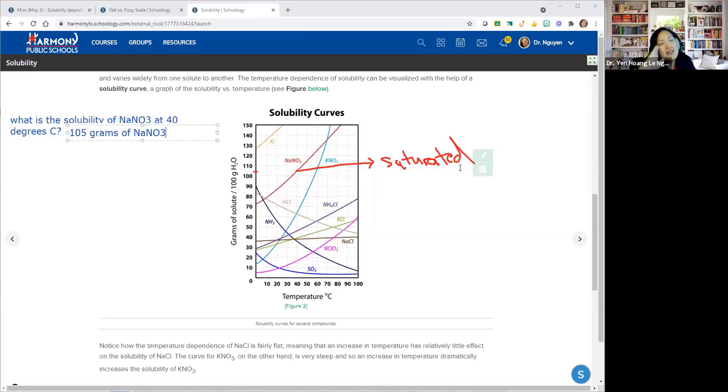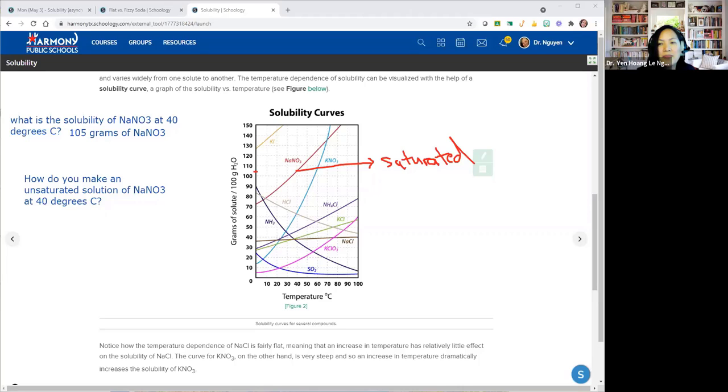I could also ask you, how do you make an unsaturated solution of sodium nitrate? Any point along the line of any of these solids is the saturation point. This is the saturation curve. How do you make an unsaturated solution? Kaylee, what do you think?